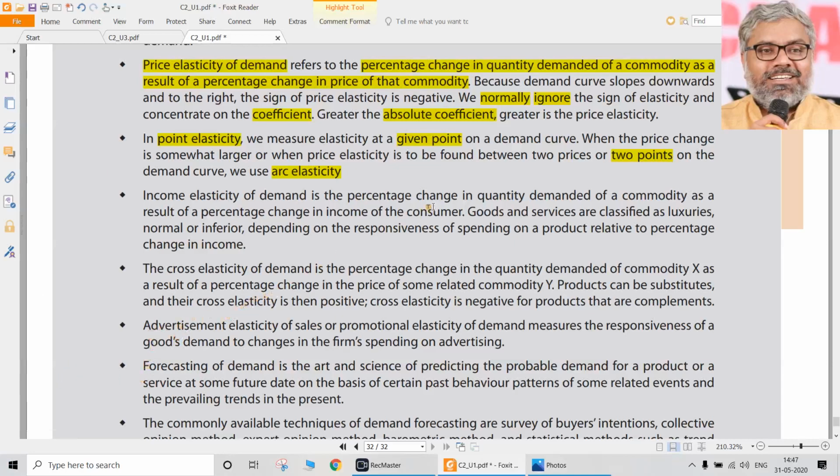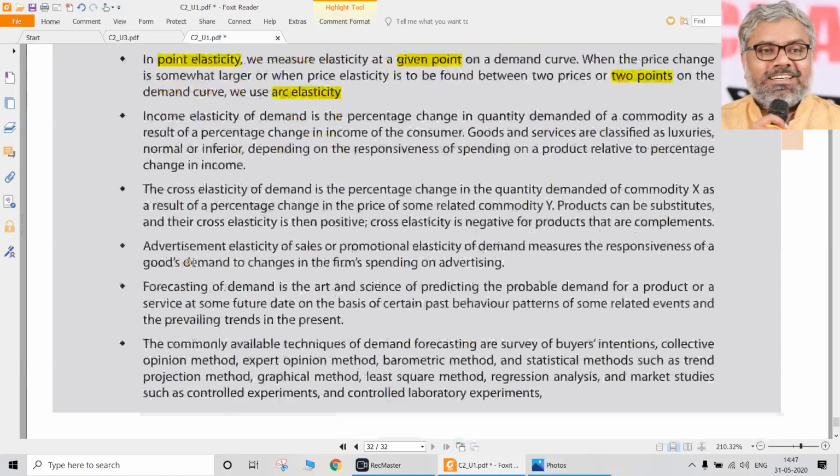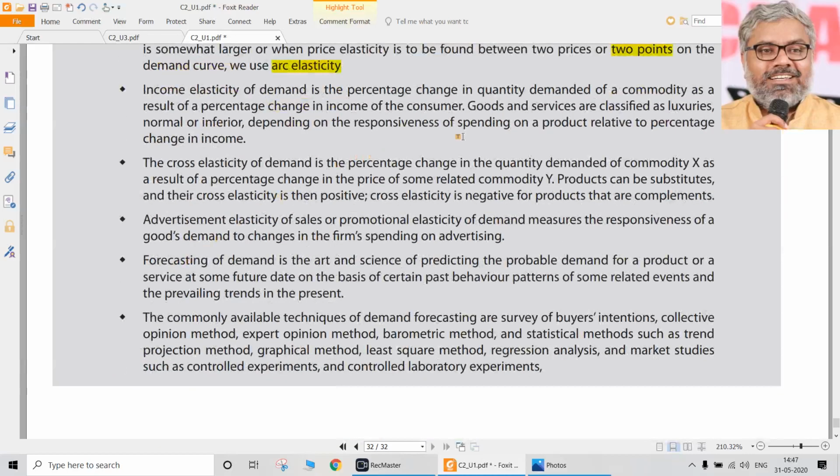We restrict ourselves to calculating point elasticity at a given point. That has to be used when the price changes are smaller. On the other hand, when the price changes are larger, we use arc elasticity. Also, when we want to find out the demand between two points on the demand curve, we use arc elasticity. There ends the matter. We can just stop it there.